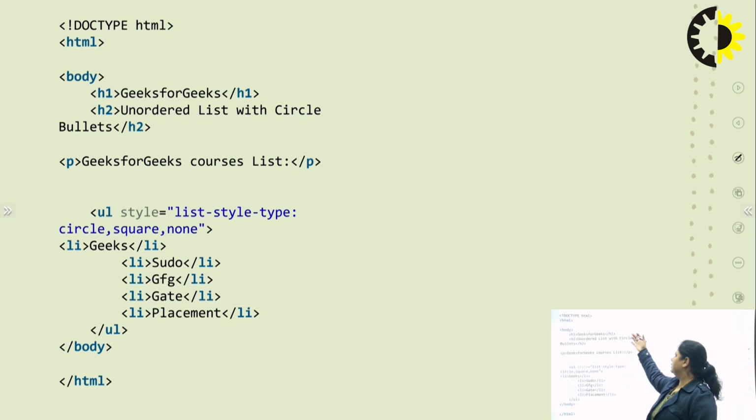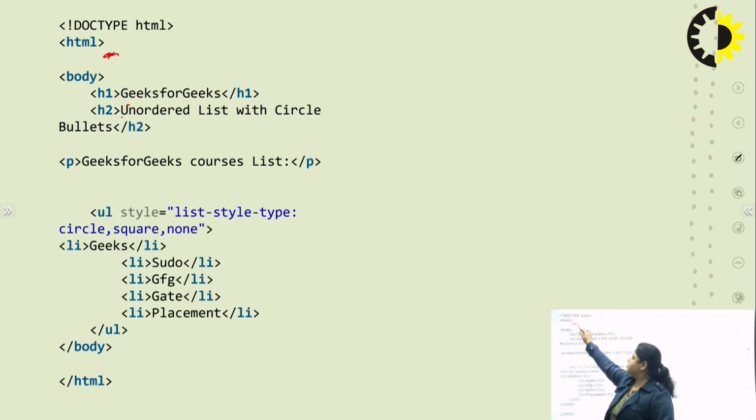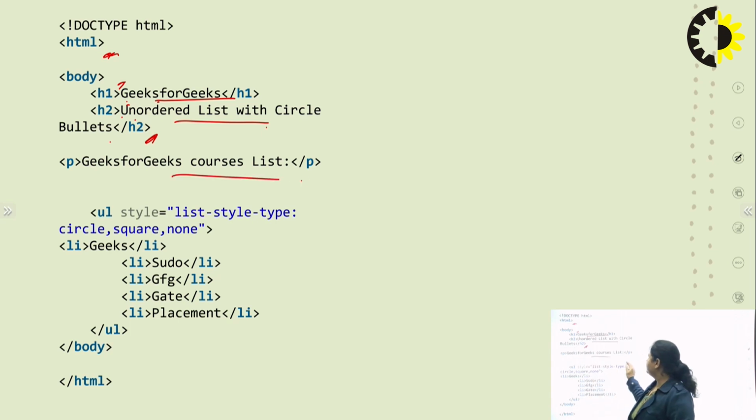We can see one of the simplest examples of HTML coding, with heading 1 and heading 2. First of all, we set the HTML tag. Second is body, then H1 and H2. These are two headings, bullets under H2, and an unordered list. So under heading H2, in the case of an unordered list, we use bullets, and this is a paragraph.